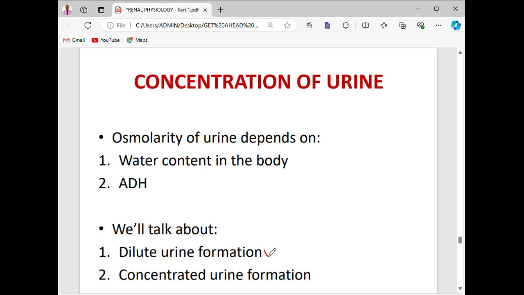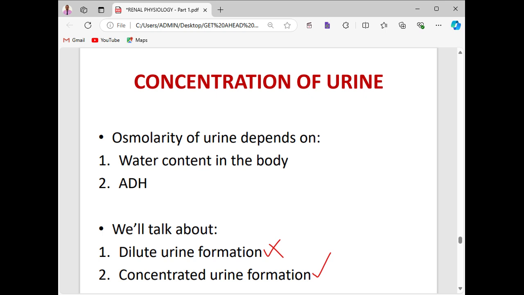Now, we will talk about how we come up with dilute urine, the formation of dilute urine, and also concentrated urine formation. Let me start with dilute urine formation. When water content in the body increases, the kidney excretes dilute urine. This is achieved by the inhibition of antidiuretic hormone secretion from the posterior pituitary gland.